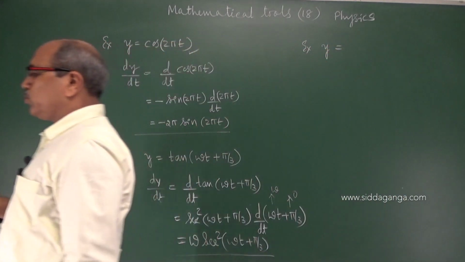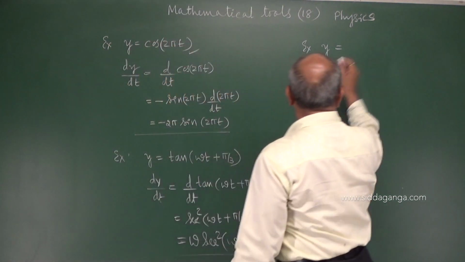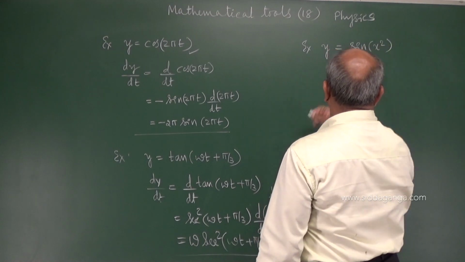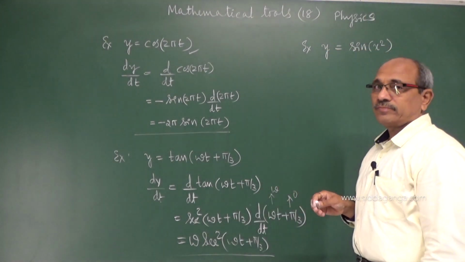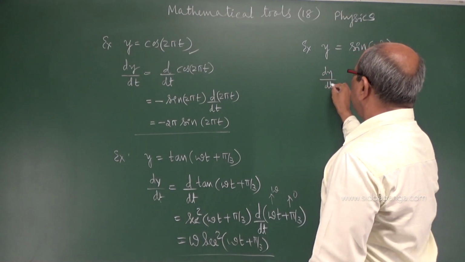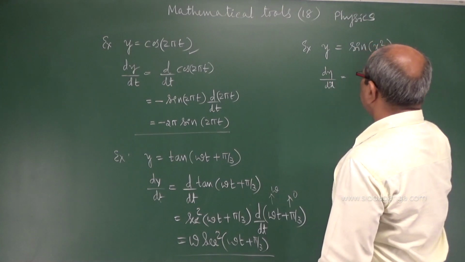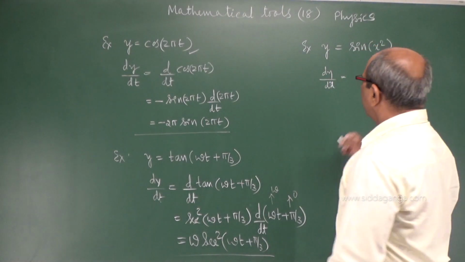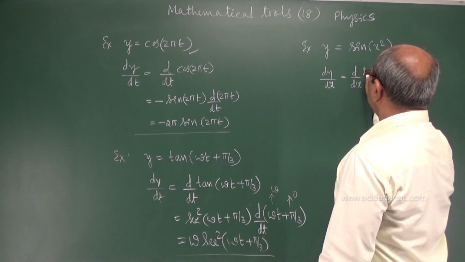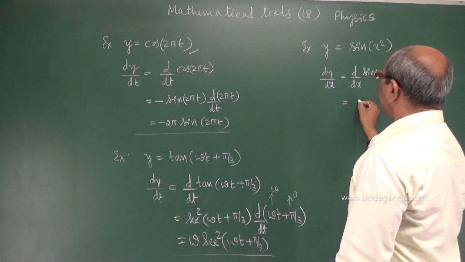y is equal to sine of x square. dy by dt, sorry, dy by dx now, because it is in x. So d by dx of sine of x square.